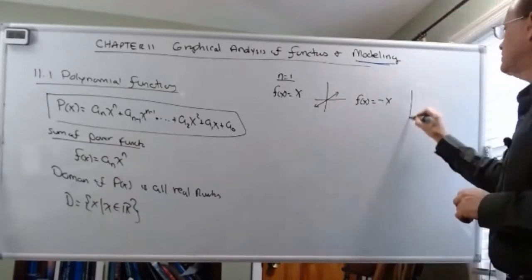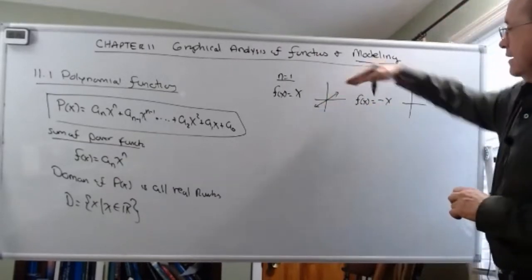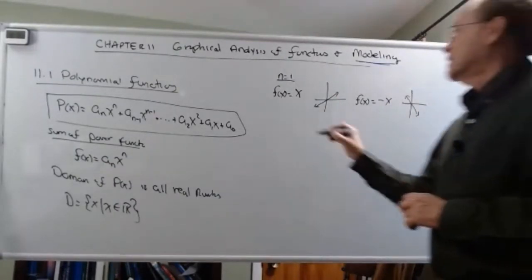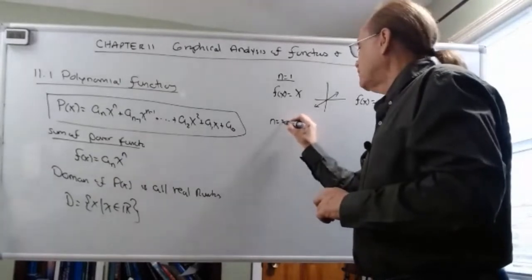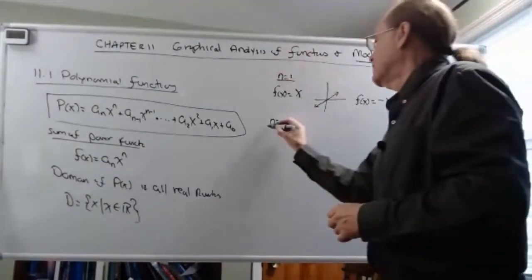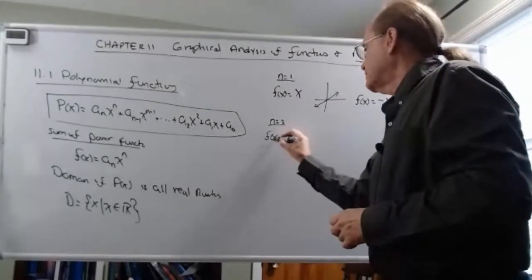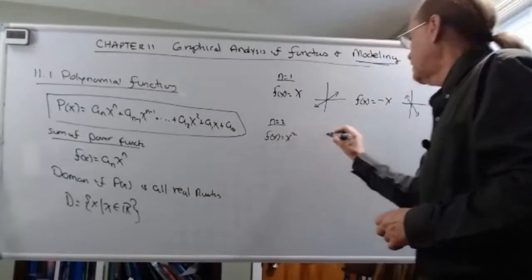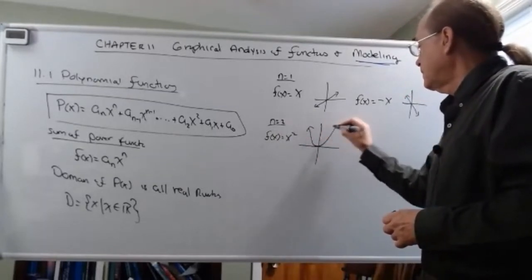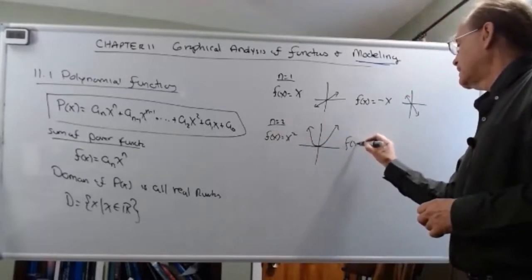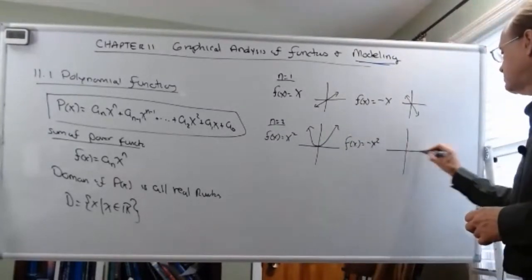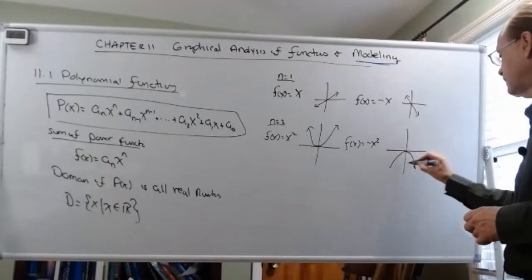Well, the only thing that happens here is my line goes from here down to here, slope of negative 1. Then I could go to n is equal to 2. This is again just for the power functions, and power functions make up polynomial functions. So if I take a positive coefficient, I have x squared, looks something like this. I could also have a negative coefficient, the negative of x squared. And what does it do? It just flips it down this way.